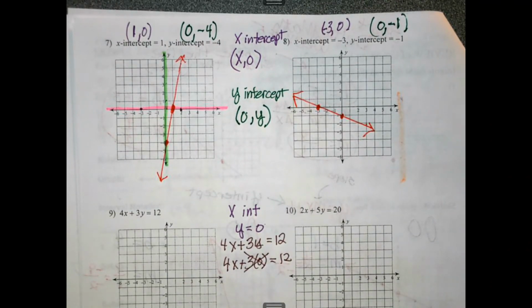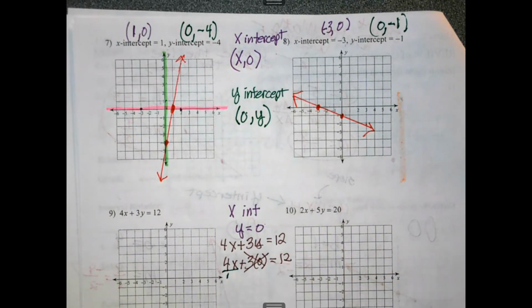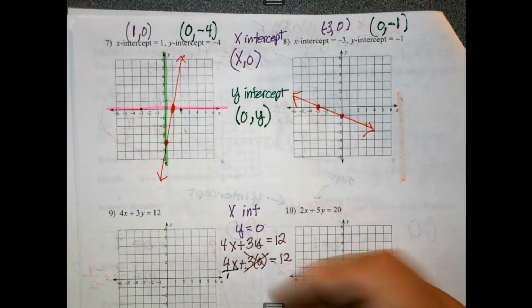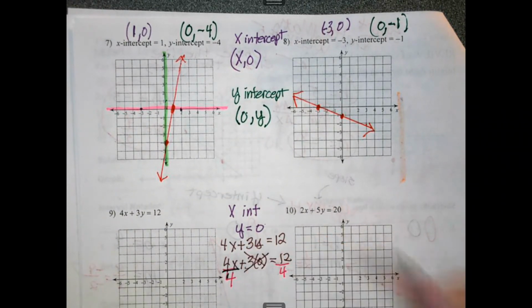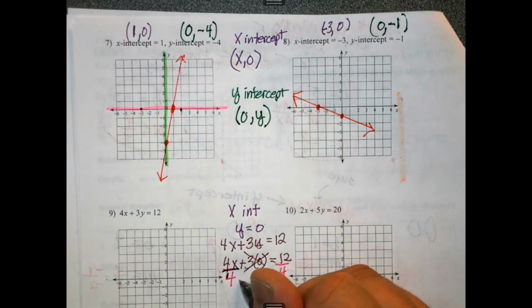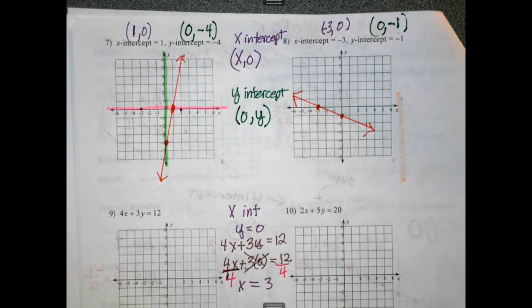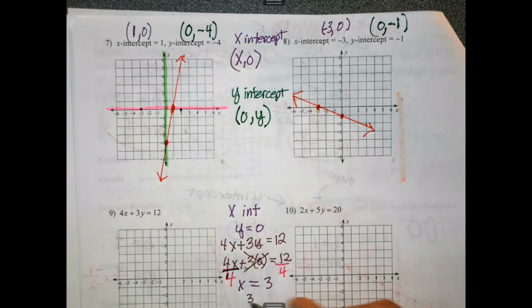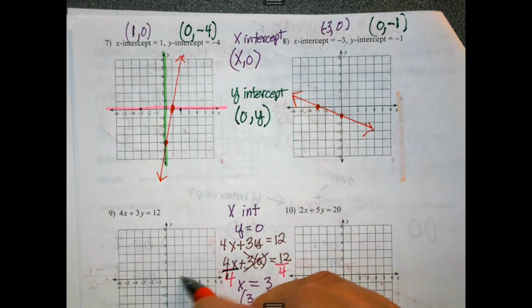So all I have to do is solve for x, divide both sides by 4, and my x here is going to equal 3. So my x-intercept, where it crosses the x-axis, 3 comma 0.